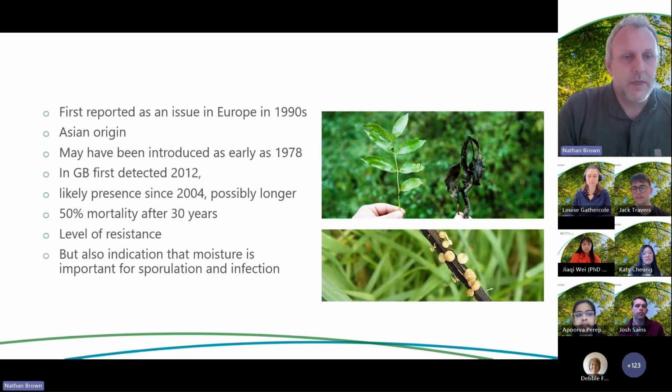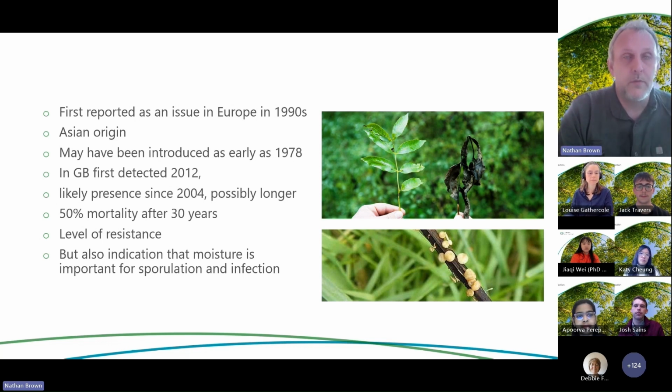So in terms of a history, ash dieback was first reported as an issue in Europe in about the 1990s. And then quite a long period of research and spread throughout Europe has led to quite a bit of knowledge now about what may have happened. So this is thought to be of Asian origin and introduced possibly as early as 1978.